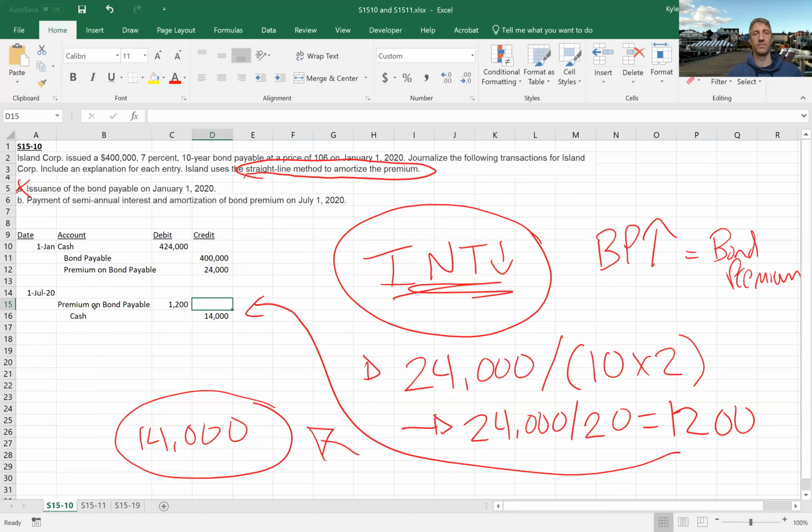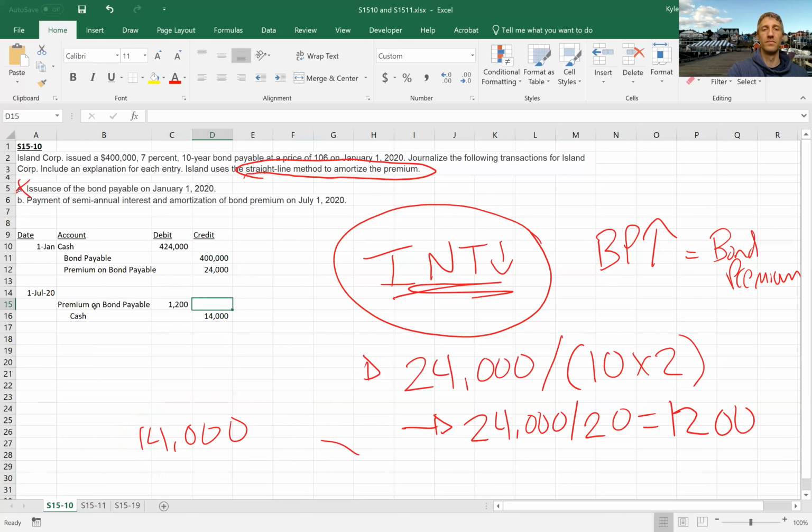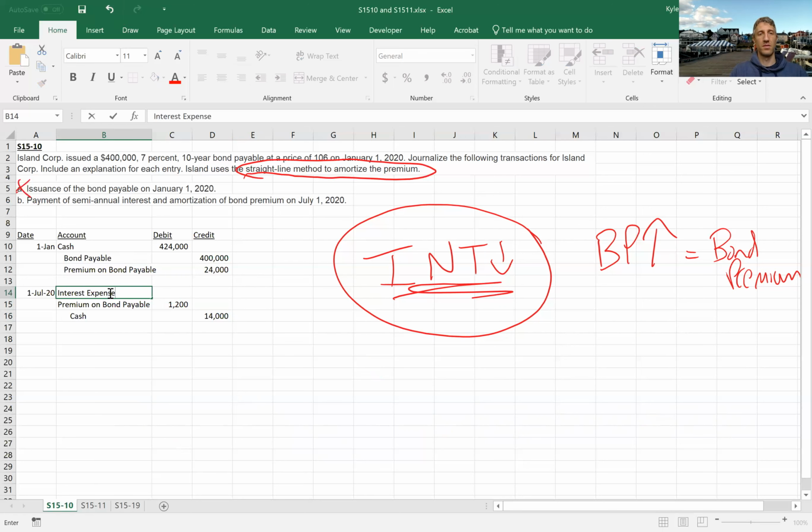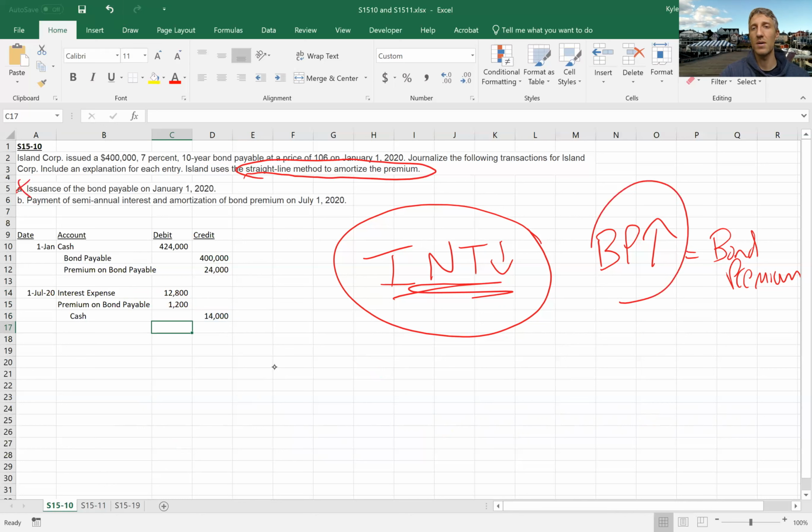Which means that the interest expense to this organization is going to be the 14,000 in cash that they're paying less the premium on bond payable. So $12,800. So what we see is when bond prices go up, the interest rate or the interest expense for the corporation goes down. So our relationship is true.